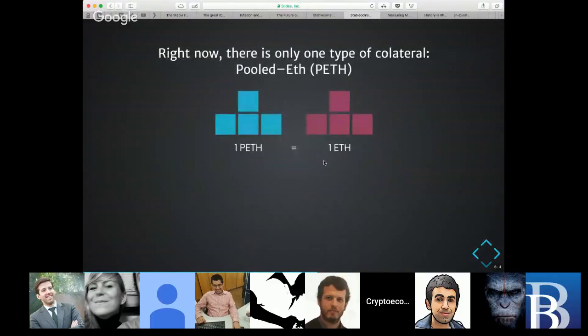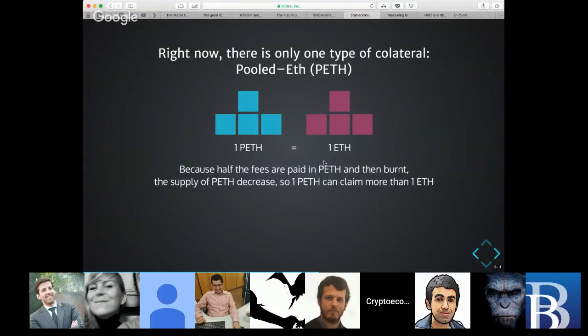In doing so, what you're also doing is modifying the ratio between the pool ETH, which is the Ether that is used to issue new DAI, and the supply of ETH.